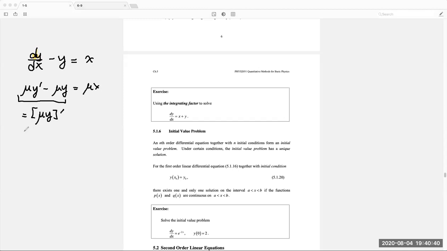When you expand this one, you can see that mu prime should be equal to negative mu. I think that's what you have done already. Then you can solve that mu should be exponential negative x. And you put it back in this equation.